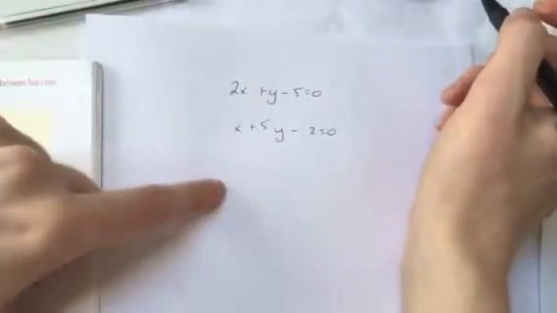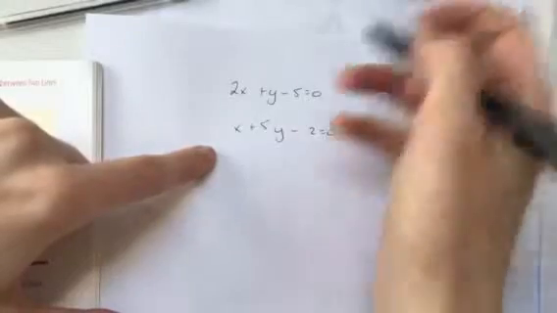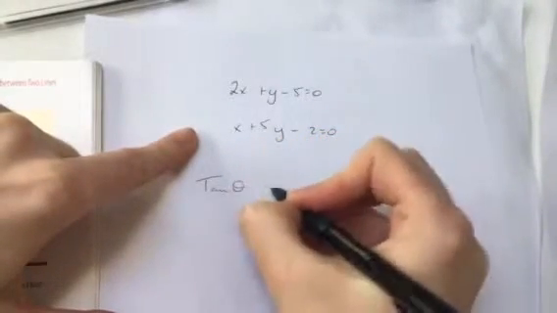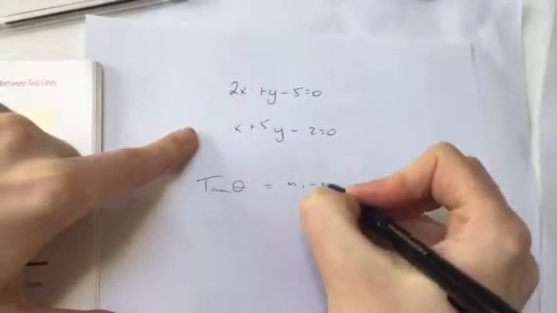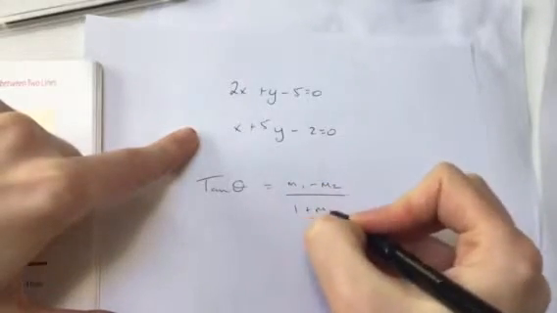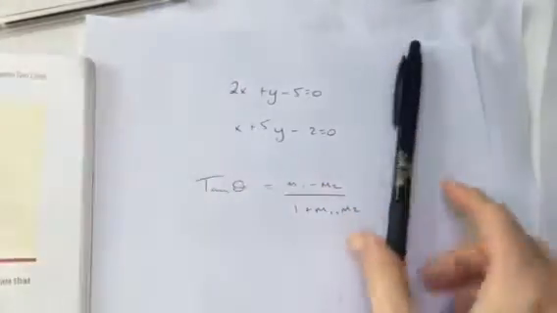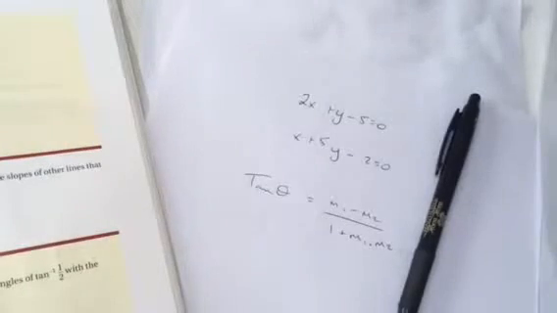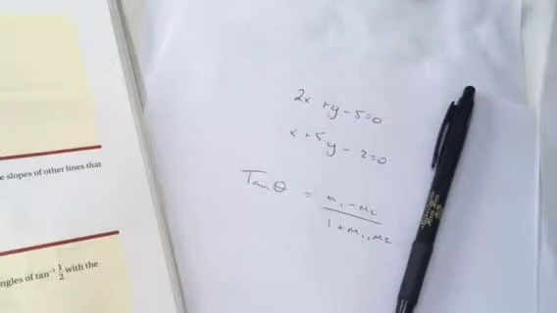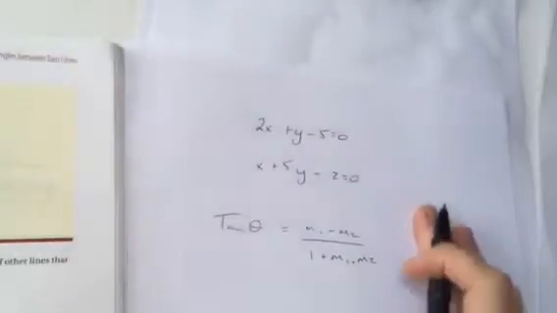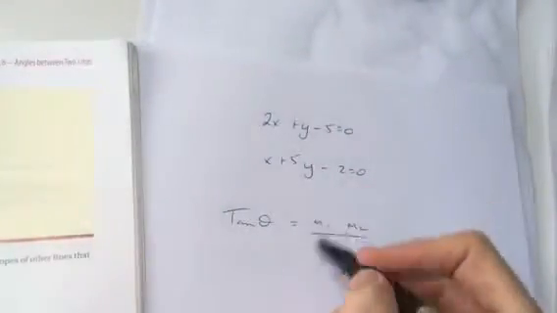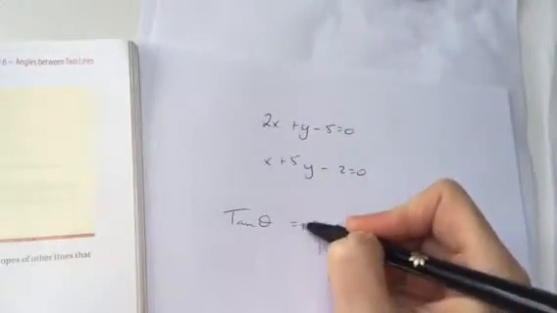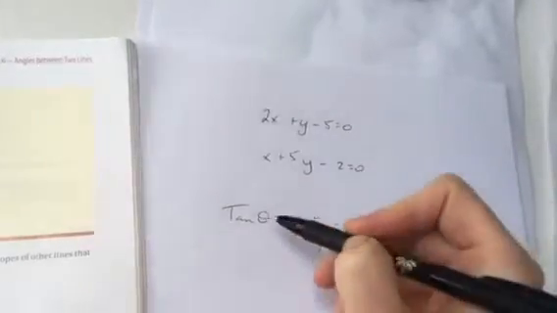So I write down my formula: the tan of the angle is equal to m1 minus m2 all over 1 plus m1 times m2. That means I need the slope of both lines in order to work out the angle between them.